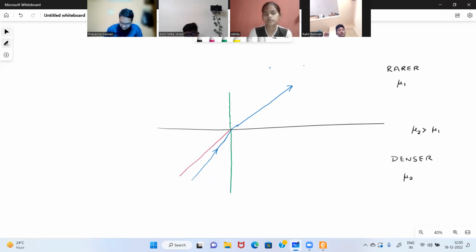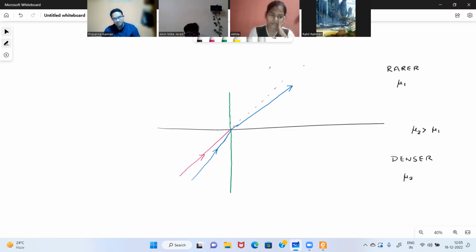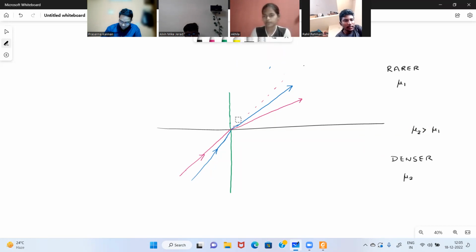Let's say this is the incident ray. Have I increased the angle of incidence? Yes, sir. If there was no separation of mediums, it would have gone like this, correct? Now it will bend away from the normal, bending like this. Understood?